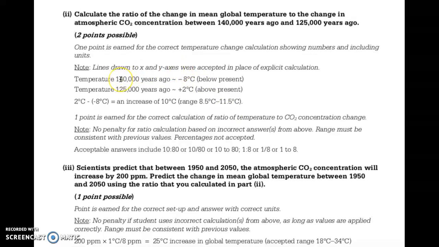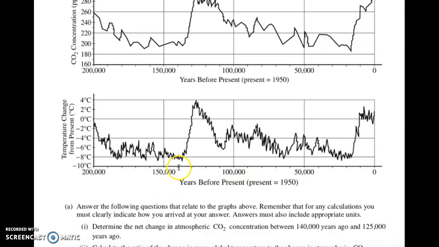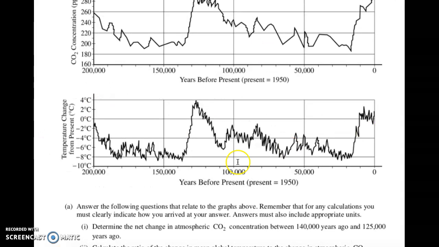And so the first thing you need to do is calculate your temperature change. So if you look at it, from 140,000 years ago is about -8 degrees Celsius, and 125 you get about -4. Well, this says +2. So it really depended on how you drew that line.